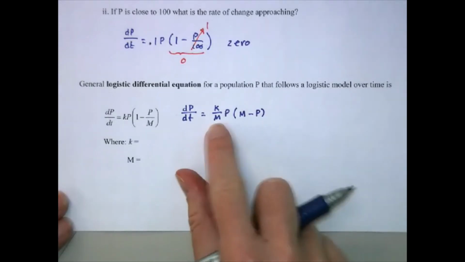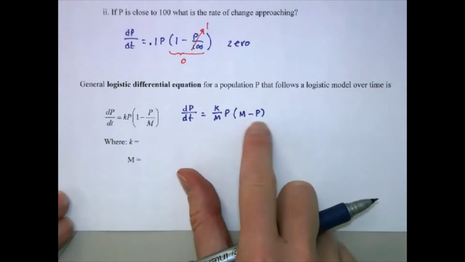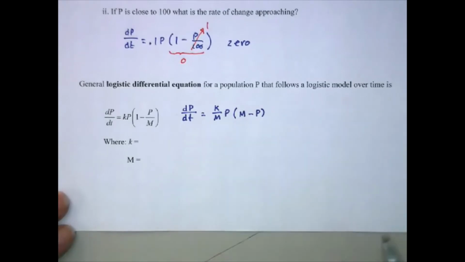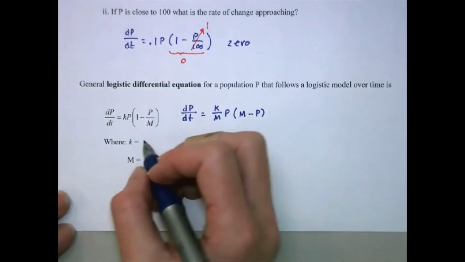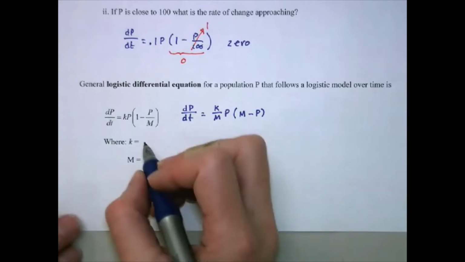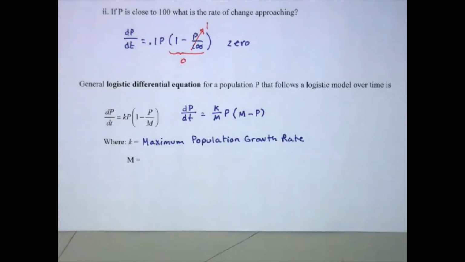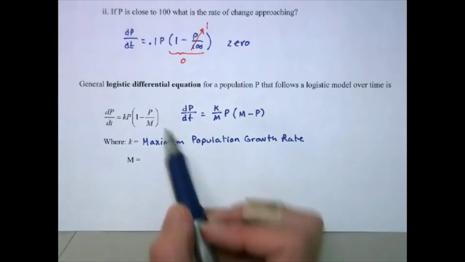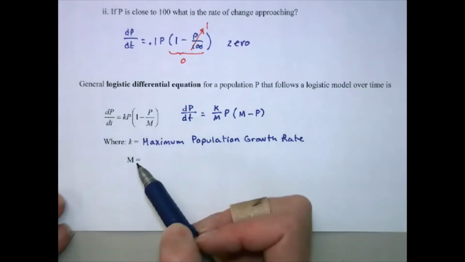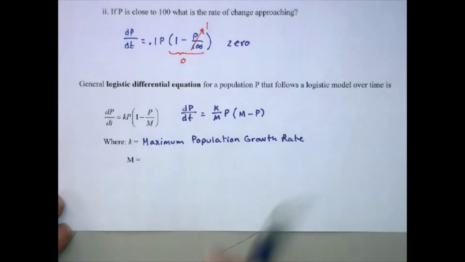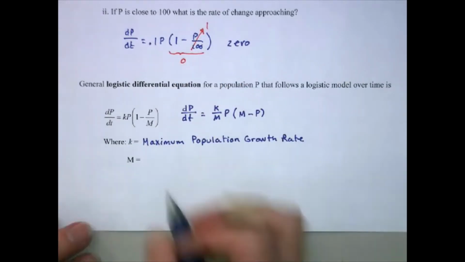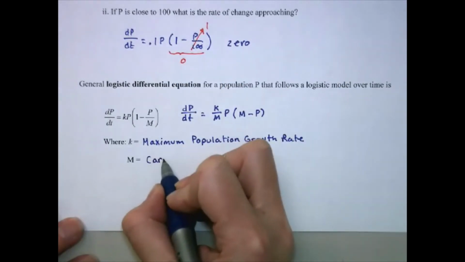So multiply this back through, this would become 1, this would become P/M. So the important parts here: k is the maximum population growth rate. M, this value here, in the previous problem was that 100, the total amount. We call that the carrying capacity.